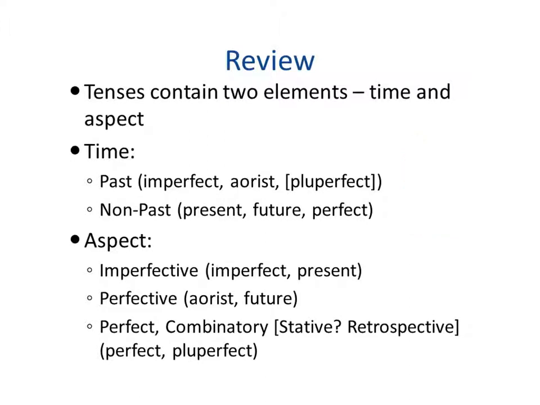And finally, there is aspect. Now we remember this, that verbs contain both time and aspect. We outlined three specific aspects: the imperfective, the perfective, and then what we're going to talk about today as the perfect. Now the imperfective, we talked about it in terms of the internal temporal development. In the imperfective, we can see the internal developing, the continuation of the action.